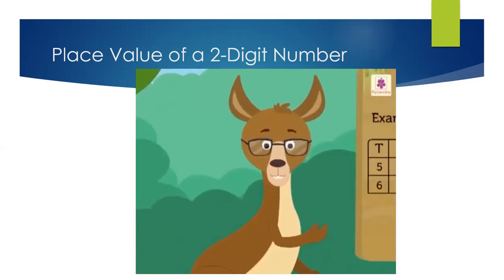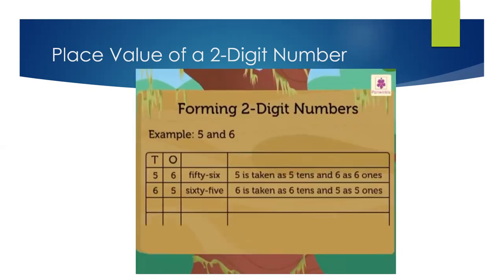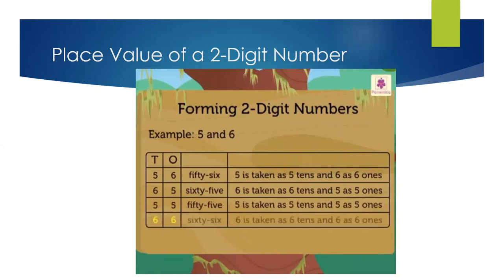Look, we got the other number 65. Here, 6 is taken as 6 tens and 5 as 5 ones. Kids, what if we repeat the digits? Yes, by repeating the digits, we can form two more numbers. That is, by placing the same digits in the ones and the tens places. So, we get the numbers 55 and 66.